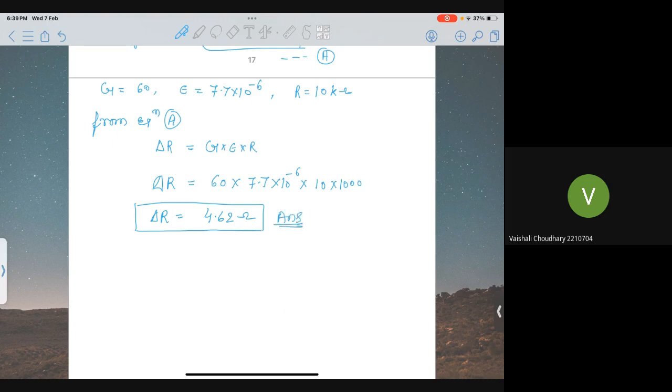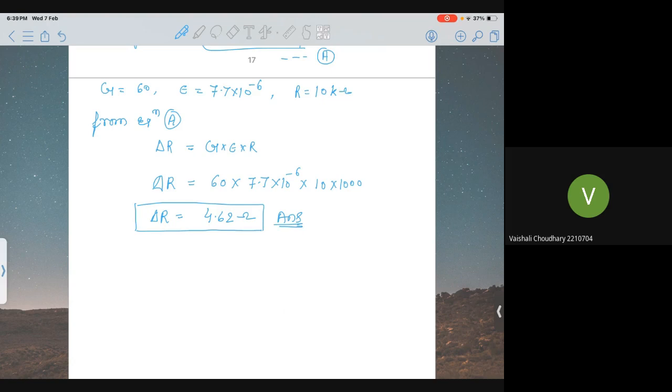It means if you apply a force of 100 micronewtons in the direction of the length, the change in the resistance of the material is 4.62 ohms.